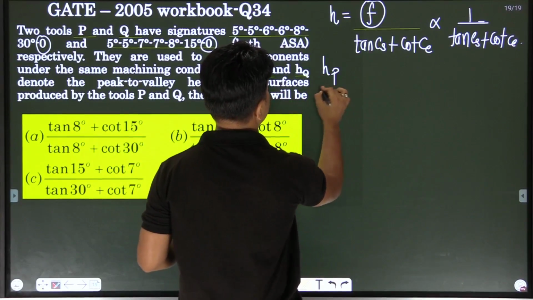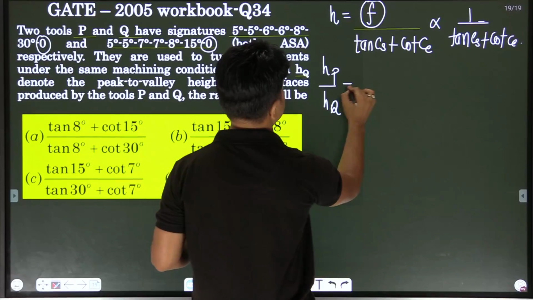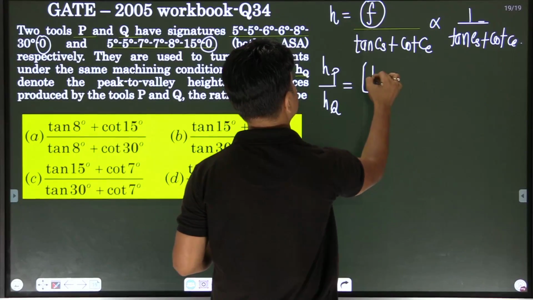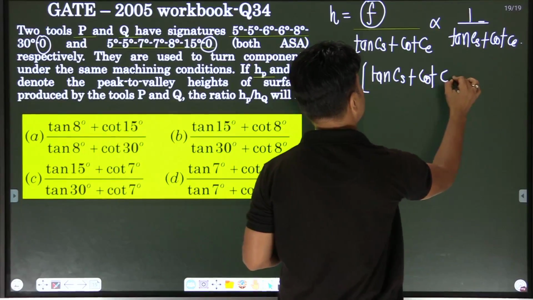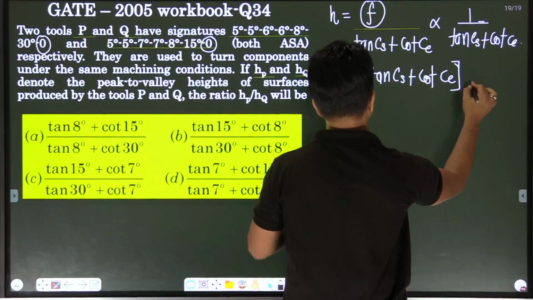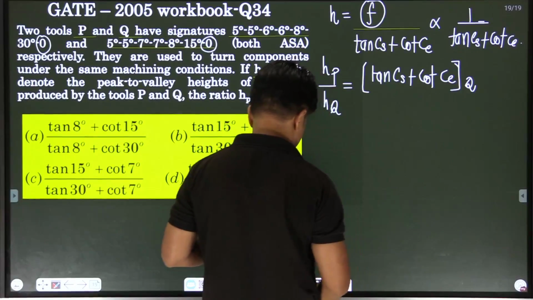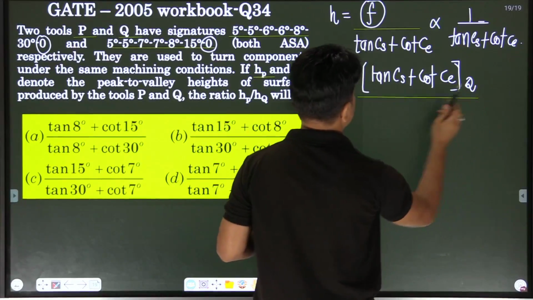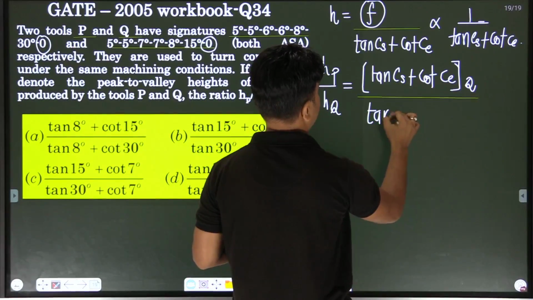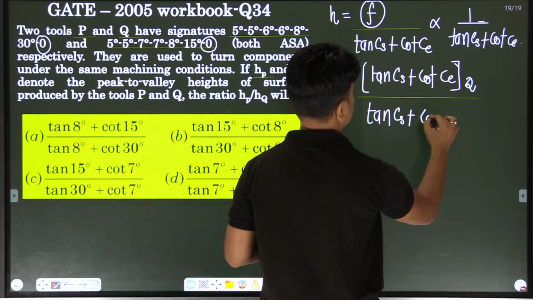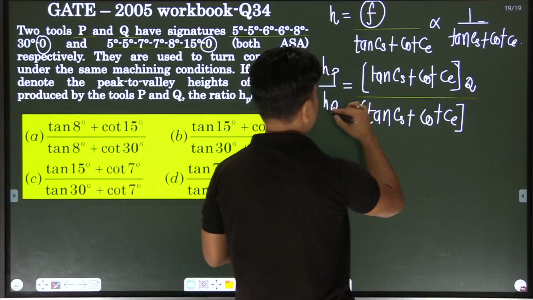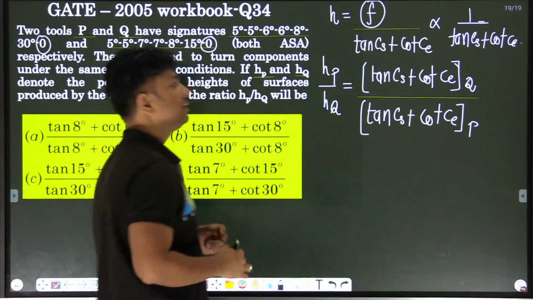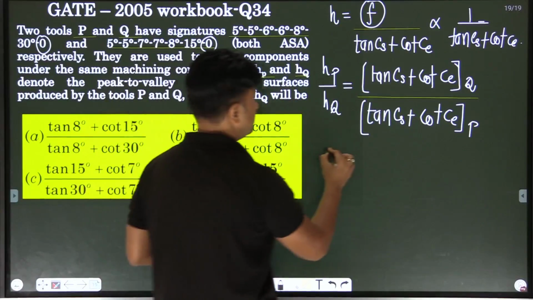So HP by HQ comes out as tan of CS plus cot of CE of Q, divided by tan of CS plus cot of CE of P. Simple.